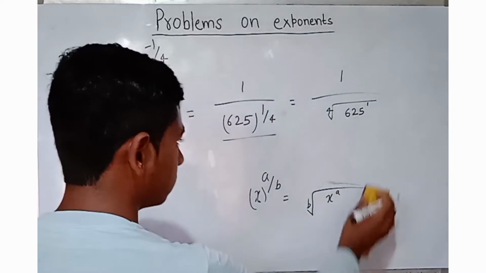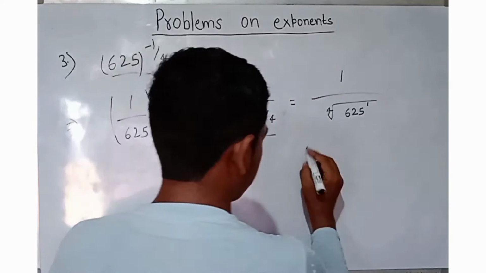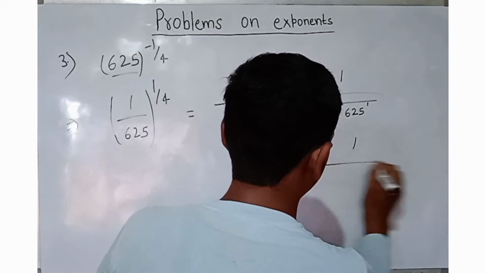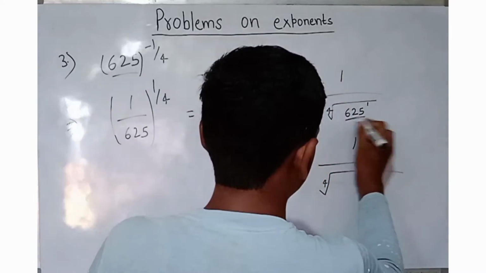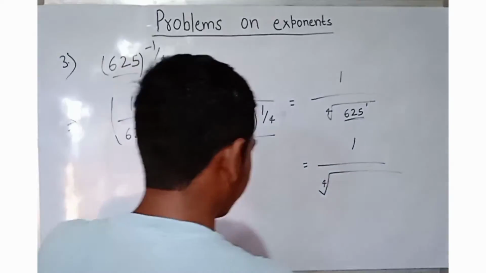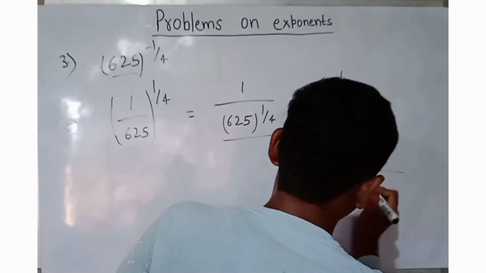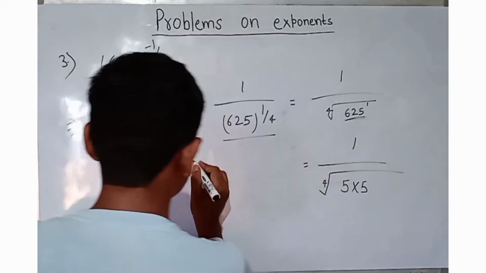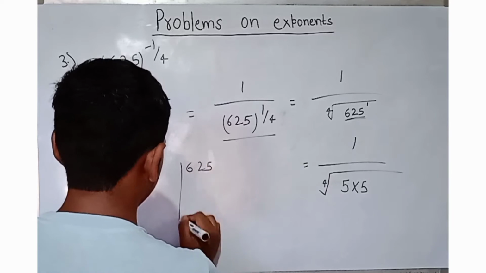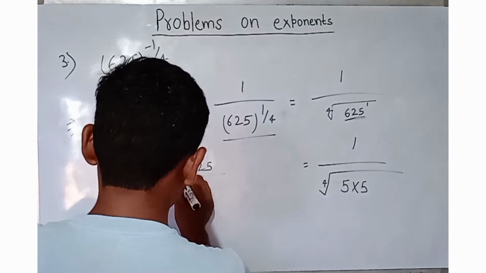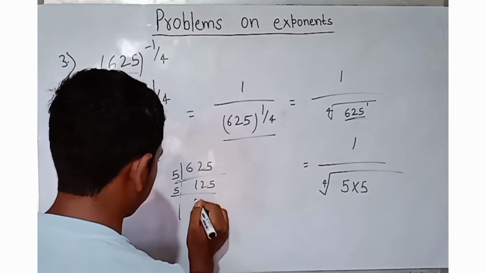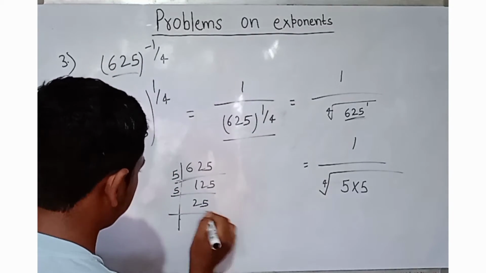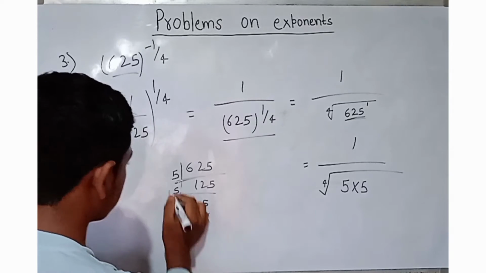If you solve this, it will be 1 by the fourth root of 625. Just do prime factorization: 5 into 5 is 25, 5 into 25 is 125, and so on. So 5 is repeating 4 times.